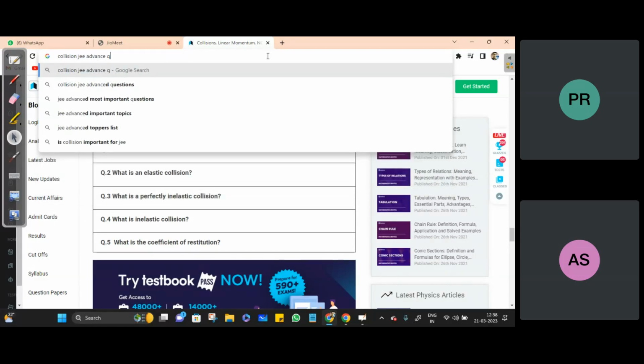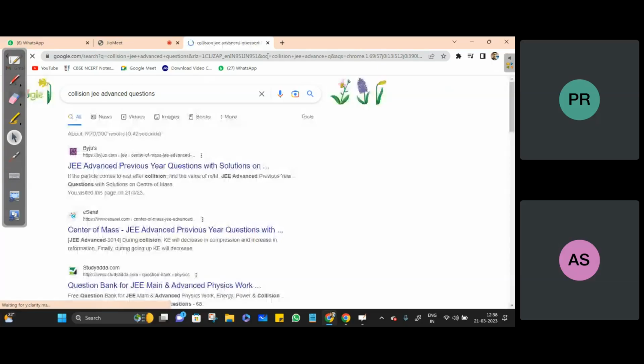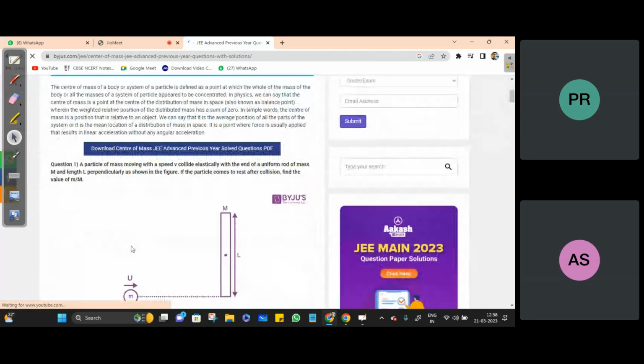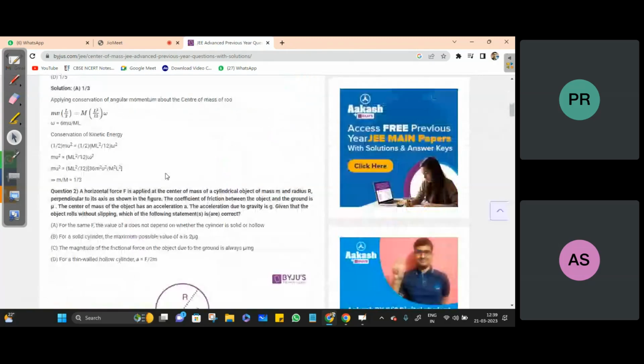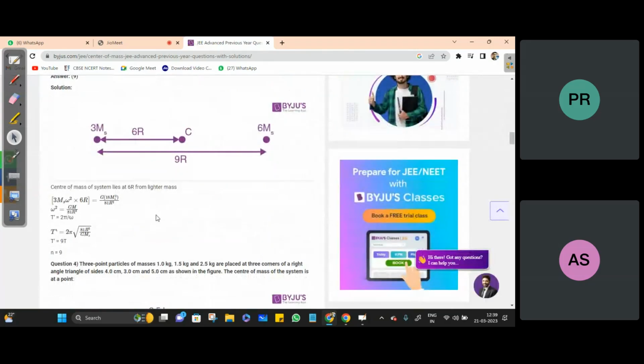So we are considering the line joining the two bodies as a reference line or x-axis, and we can solve it in that way also. Yes, you can take that. Once you do a few questions, you will understand.